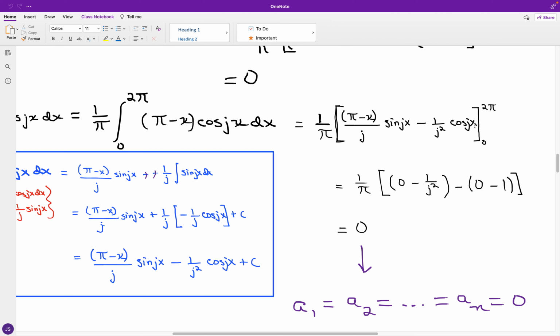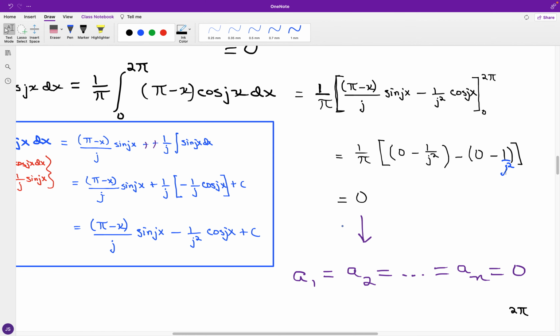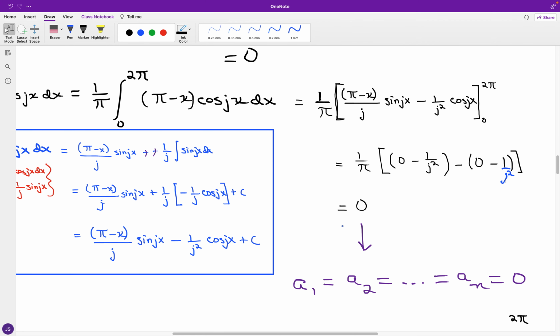The cosine of 2 pi is 1, and the cosine of 0 is also 1. So from the upper limit we have negative 1 over j squared, minus the quantity from the lower limit, 0 minus 1 over j squared, so we have minus 1 over j squared plus 1 over j squared, and that is negligible. So everything in a, along with a naught, a sub 1, a sub 2, all the way out continuously, is going to be equal to 0.